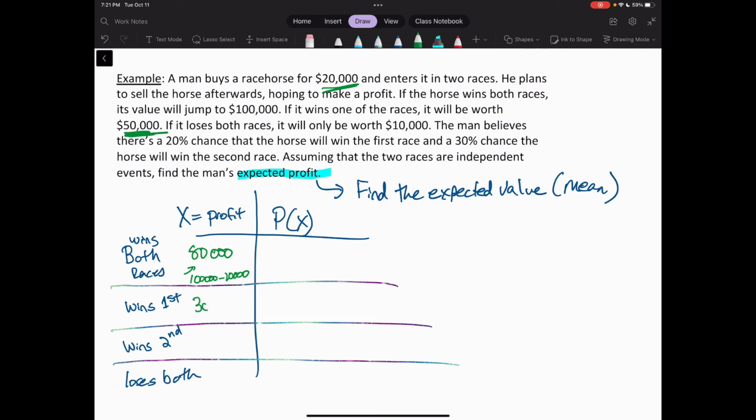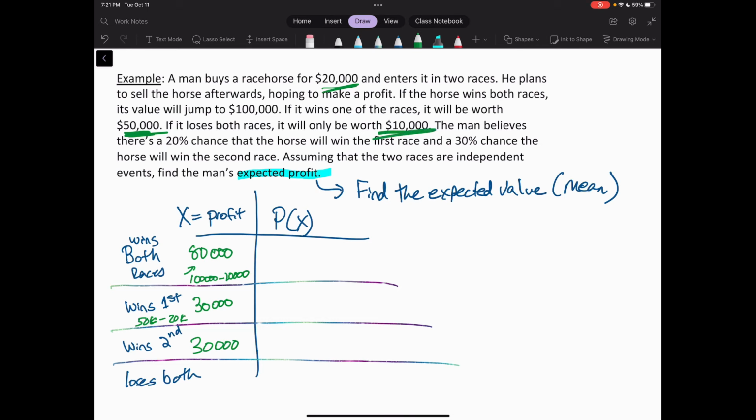We get a net profit of $30,000. And for the same reason, if he wins just the second race, it's going to be $30,000. If he loses both races, the horse will be worth $10,000.